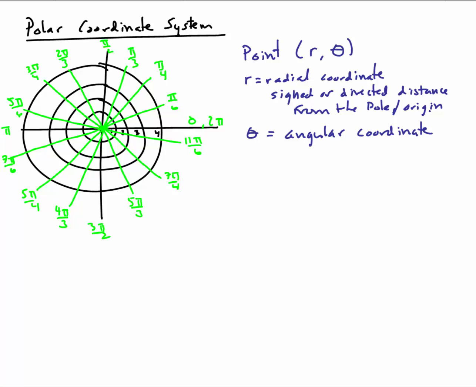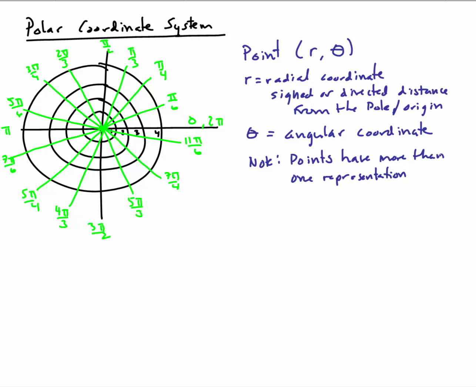Now it's important to remember that in the polar coordinate system, points have more than one representation. This is because, of course, we can make multiple turns around the polar coordinate system, and we can also move in the positive and the negative direction.